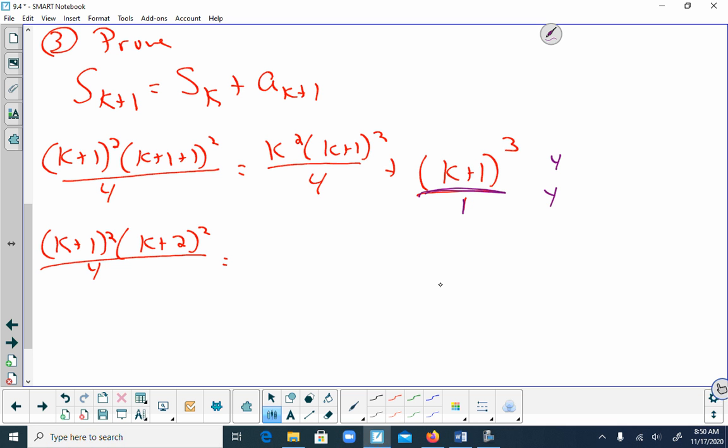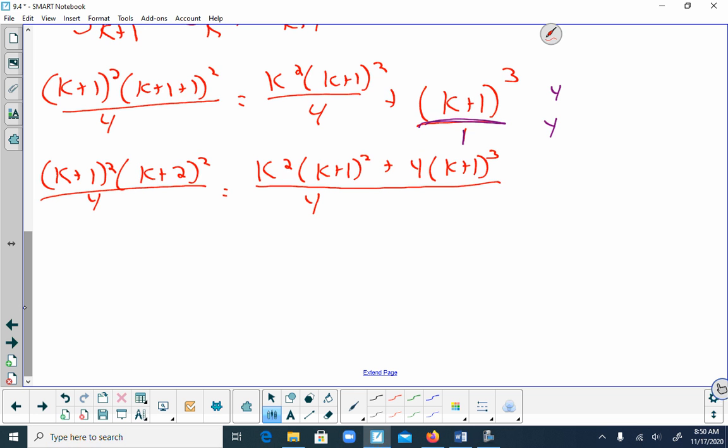And then I am going to have k squared (k plus 1) squared plus 4 times (k plus 1) cubed all over 4. Now, I really don't want to have to FOIL all these out, so I'm going to look and see if there's something that I can factor out. So I'm going to leave this side alone for right now.